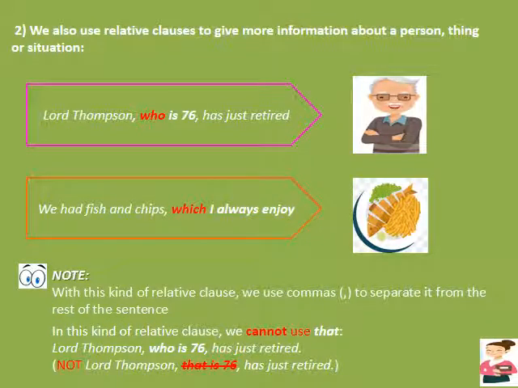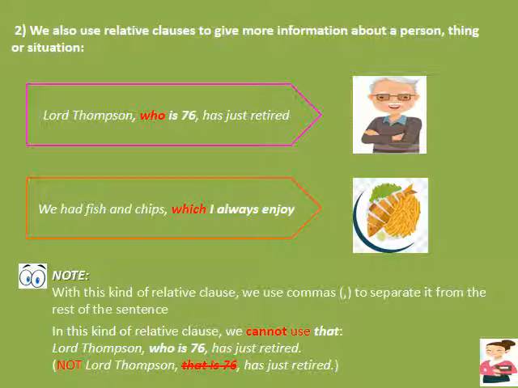Second, we also use relative clauses to give more information about a person, thing, or situation. You can look at two sentences. The first says, Lord Thompson, who is 76, has just retired. In this case, you use the commas in the relative clause to separate it from the sentence.